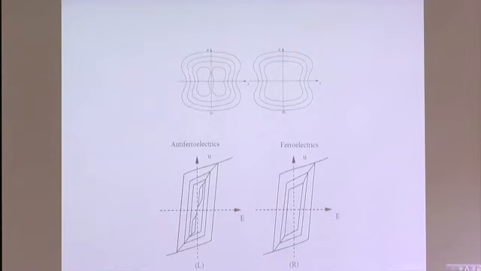When you change the epsilon value, these two bifurcations collide with each other and it becomes one loop. And then when you draw a hysteresis loop for this case, you get this antiferroelectric hysteresis loop.